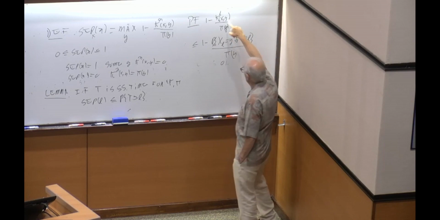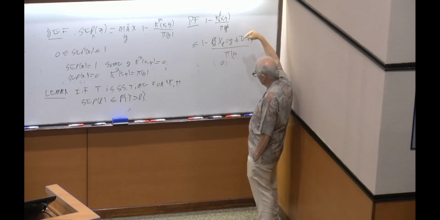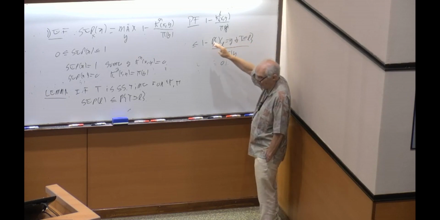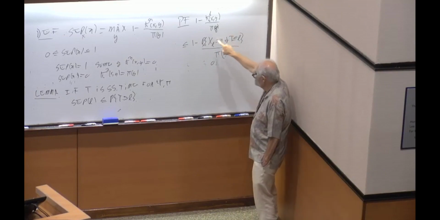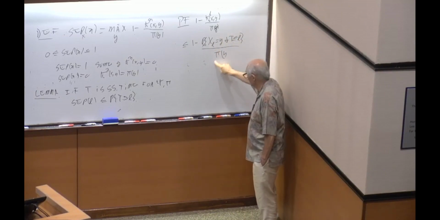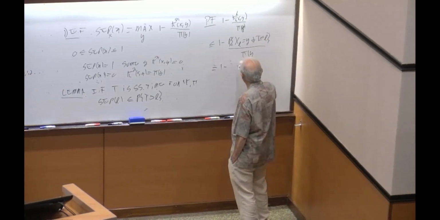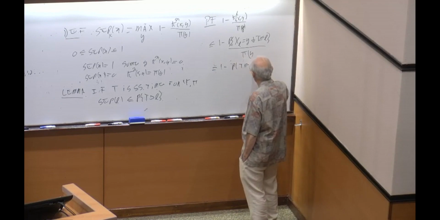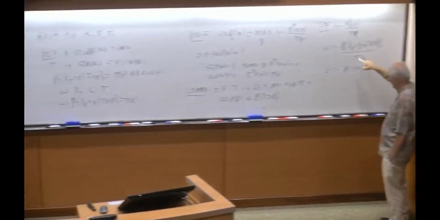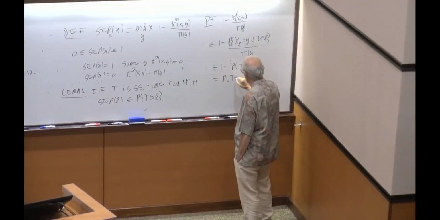Now, why is that? Well, there's the pi of y, and then I added something which makes that smaller. And since there's a minus in front of it, it makes it bigger. So that inequality is elementary. But by the definition of strong stationary times, this is equal to 1 minus the probability that T is less than or equal to L, and that is equal to the probability that T is greater than L.